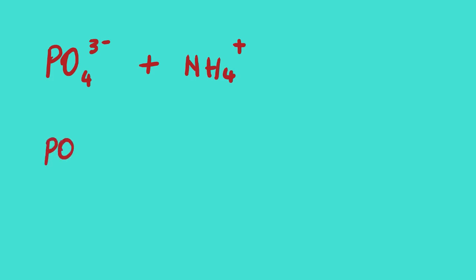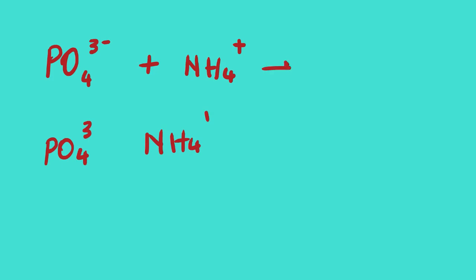Let's look at a bit challenging reaction. Let us react ammonium ion and phosphate. You should know that phosphate has PO4 3 minus, and ammonium ion has NH4 plus. So in this case, we have PO4 reacting with NH4 with 1 here.